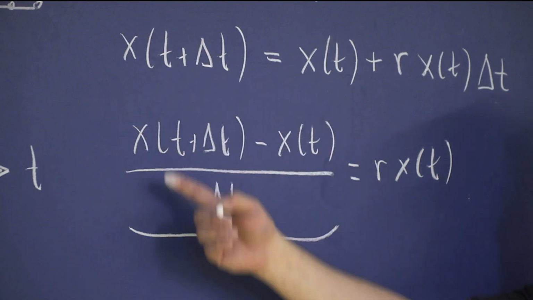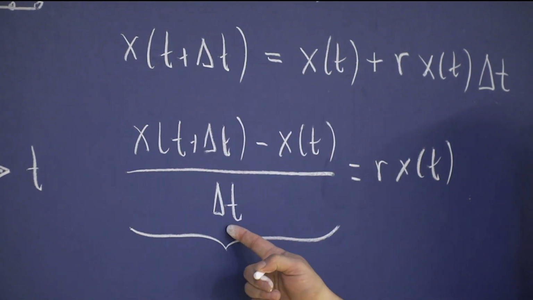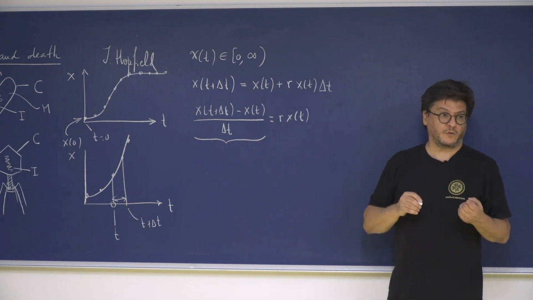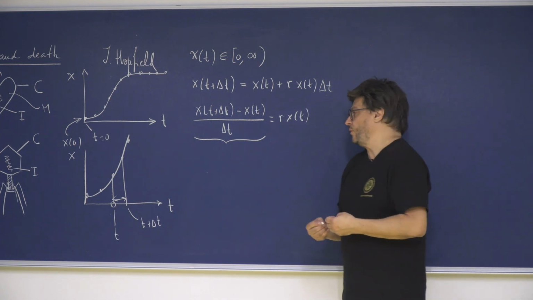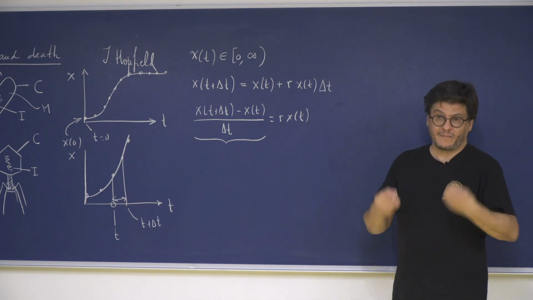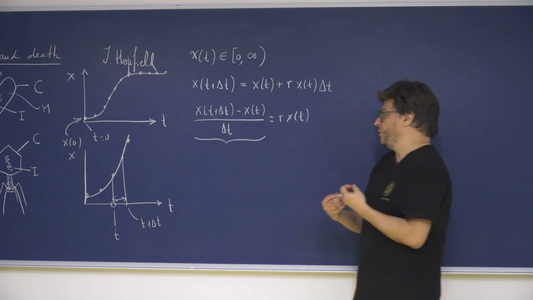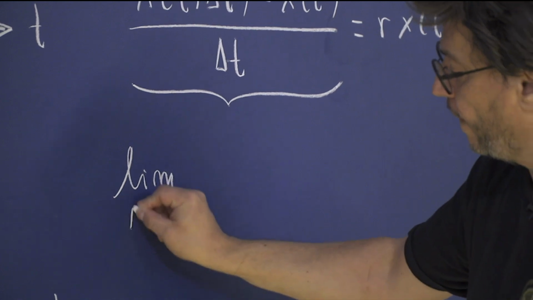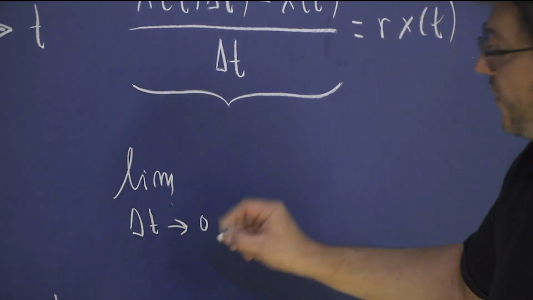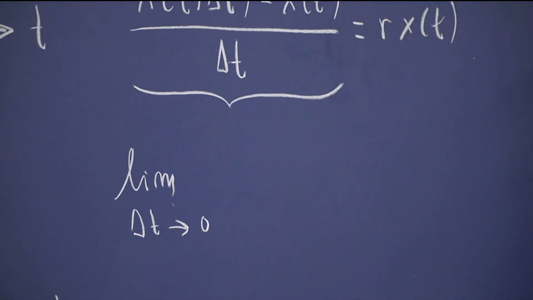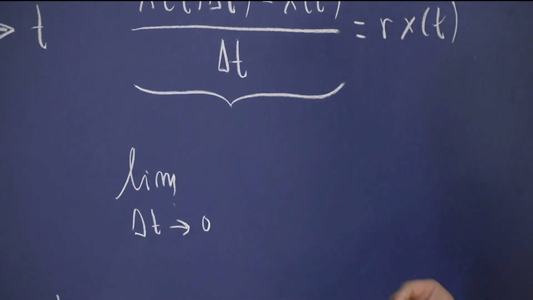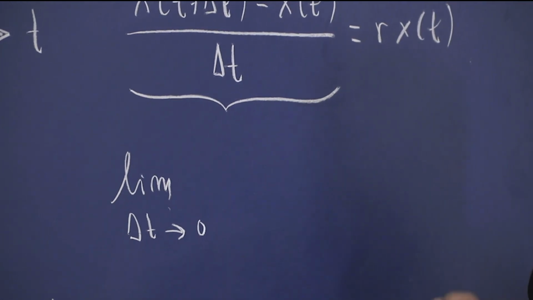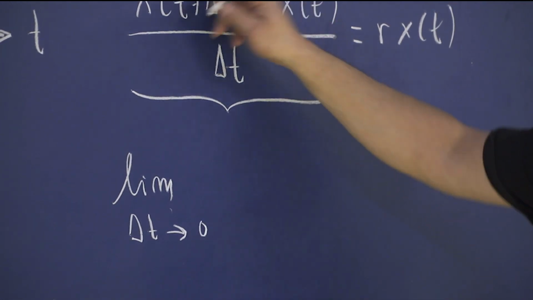This, of course, is arbitrary because delta t is arbitrary. Delta t could be very large, could be very small. Right? We don't want that. We want something that's mathematically general. So how to do that? We can take the limit. The smaller delta t is, the more precise is our fine-grained analysis of the system, right, of all this here.